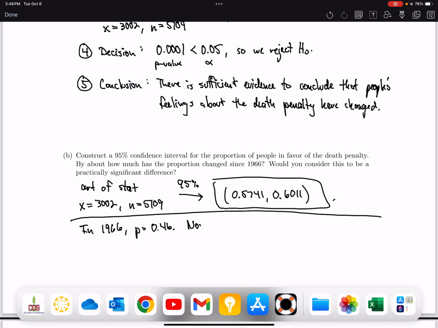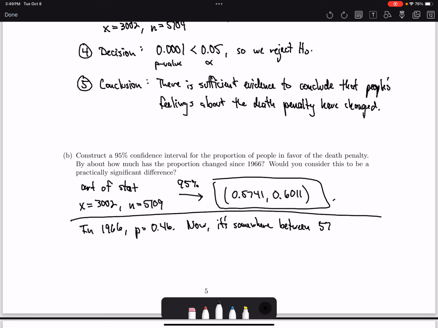Now, let's stay consistent, now it's somewhere between 0.5741 and 0.6011.